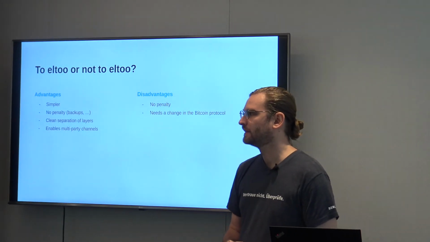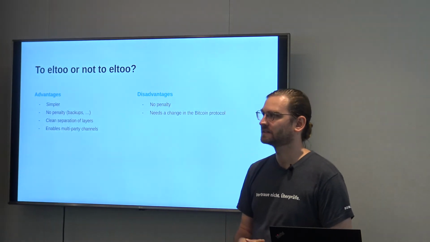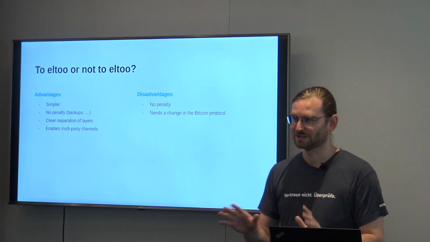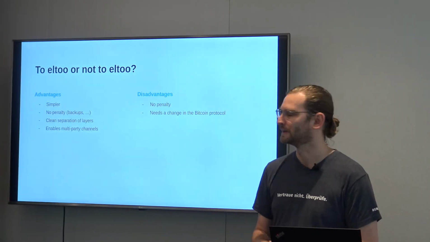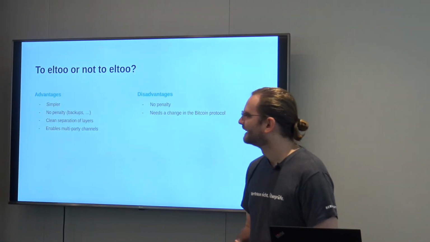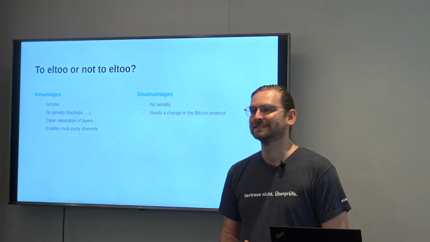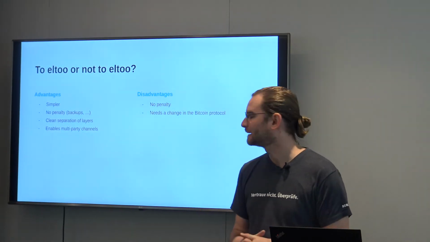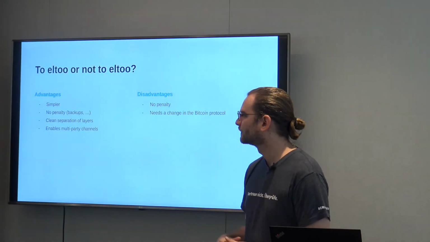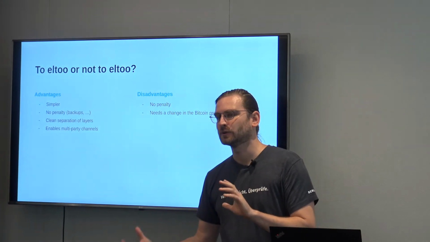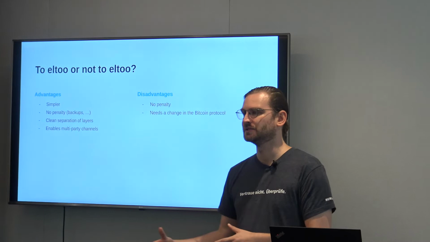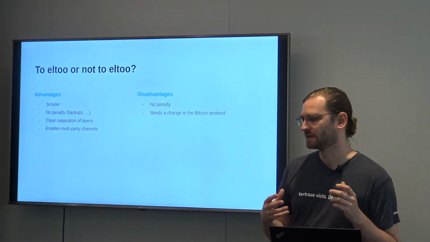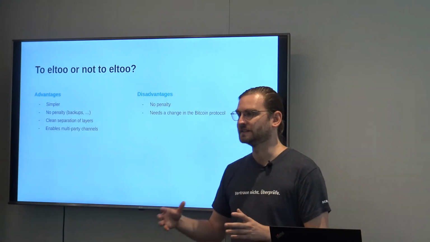So the downside of introducing penalties at a higher level, and trust me, I tried because penalty comes up often. People like to penalize people, by the way. If you ever want to penalize somebody for misbehaving, you have to reintroduce this symmetry in state.